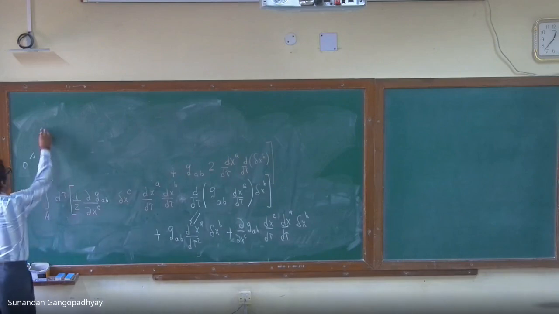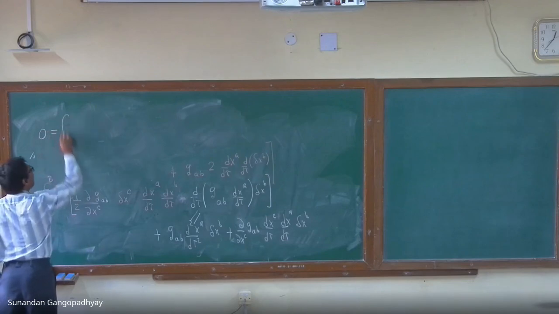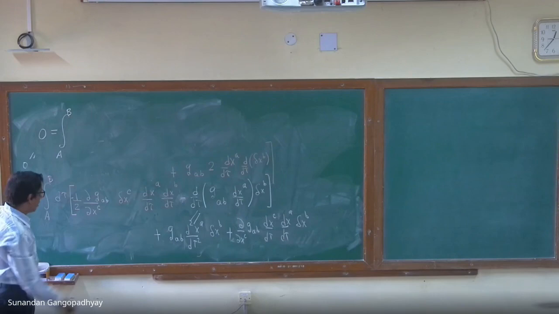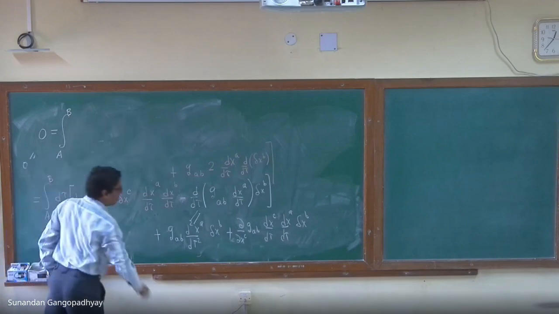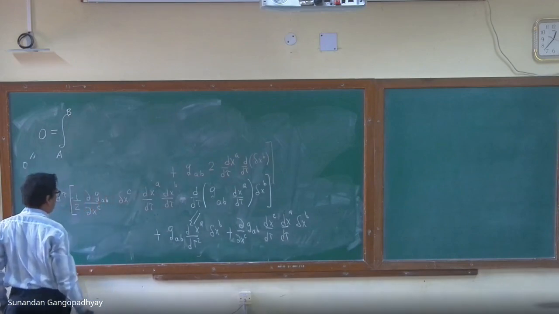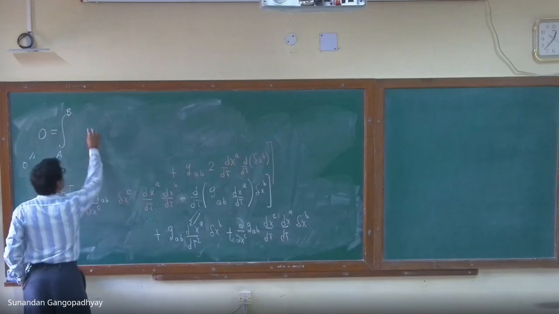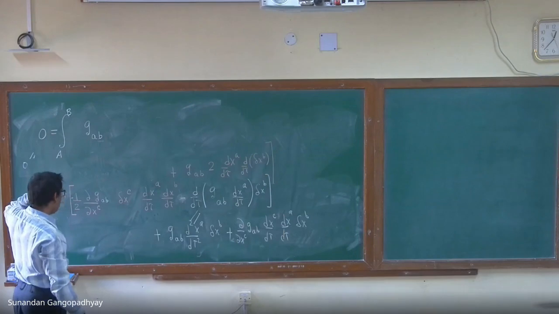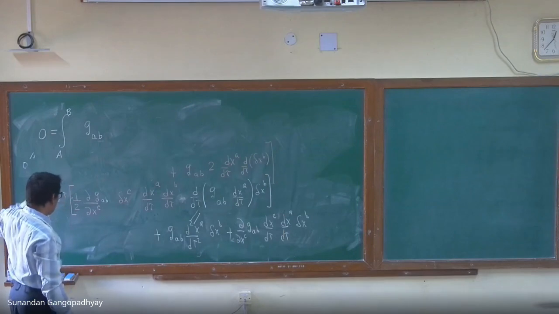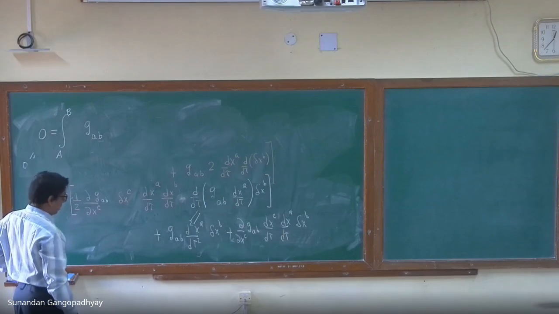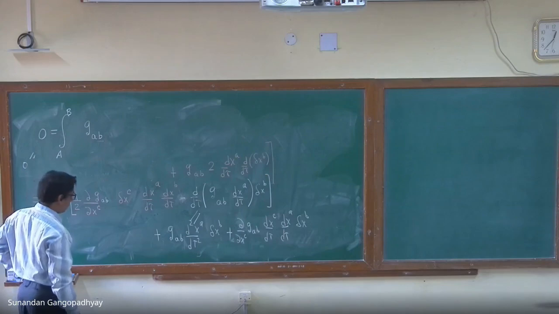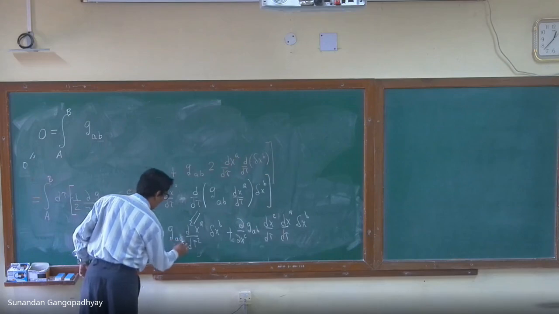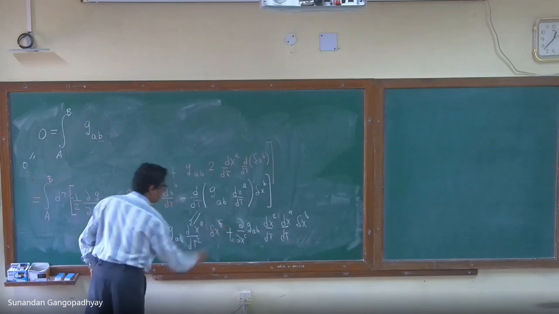So 0 is equal to the integral from a to b. Now I will write down the terms. So this is GAB delta XB. What I shall do is make this c, and this also c.